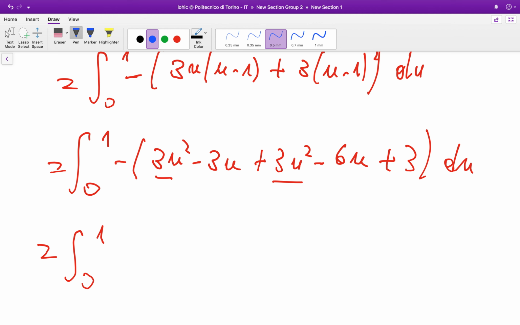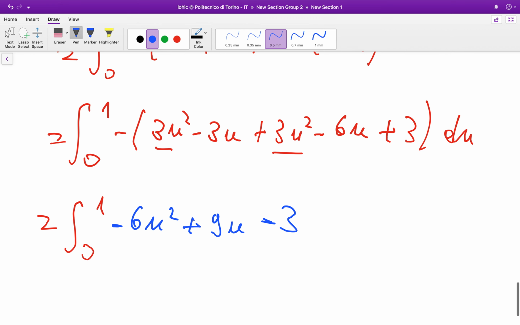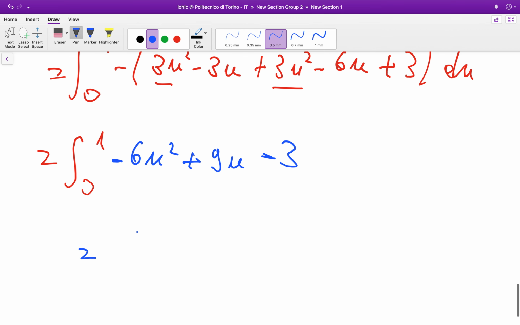So we have minus 6u square, then minus 3u minus 6u is going to be minus 9u, and plus 3, right? So finally it gives you minus 6 over 3, which is 2u cube, minus 2u cube, right?